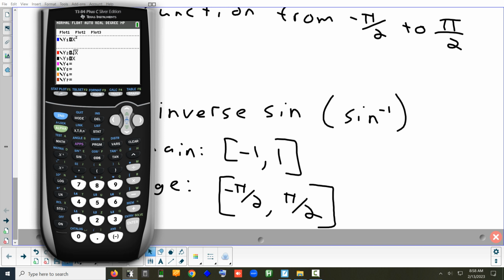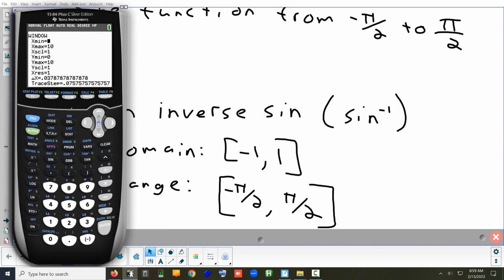Now let's do sine and inverse sine. Okay, so we're going to put in sine x and inverse sine x. Now I need to set my window. Okay, I want to look at a window that's going to fit this inverse trig function. So let's set our window to this. Let's set domain negative 1 to 1.